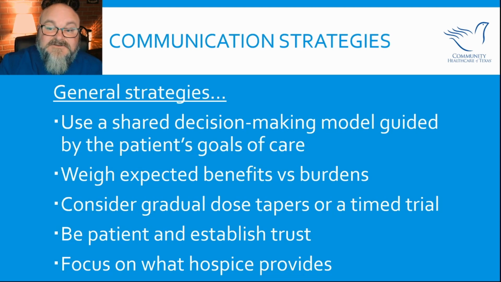The next thing is to weigh expected benefits versus burdens. So talk about what the benefits of those medications are, what they're doing for the patient, why they were prescribed to begin with, and then talk about if there are burdens. We need to weigh those benefits against the burdens, and the burdens could be side effects. It could be part of our polypharmacy conversation and pill burden.